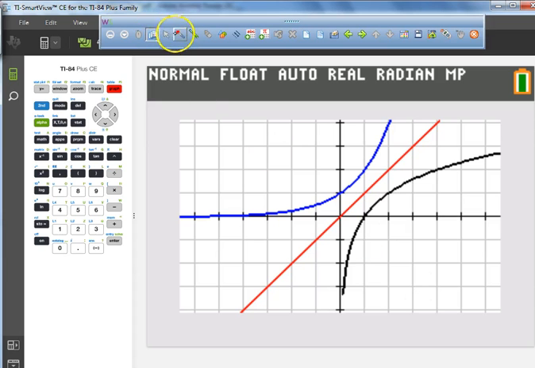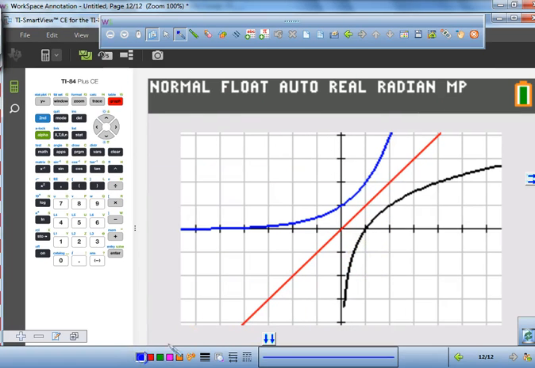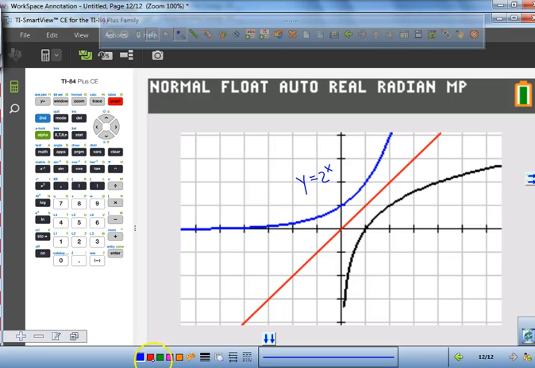At this point, I want you guys in your journal to make a sketch. It doesn't have to be perfect. I'm going to leave this up here. I want you to write y equals 2 to the power of x. I want you to write y equals x. That should be an easy line for you to do in your journal. And then this one in black right here is y equals log base 2 of x.